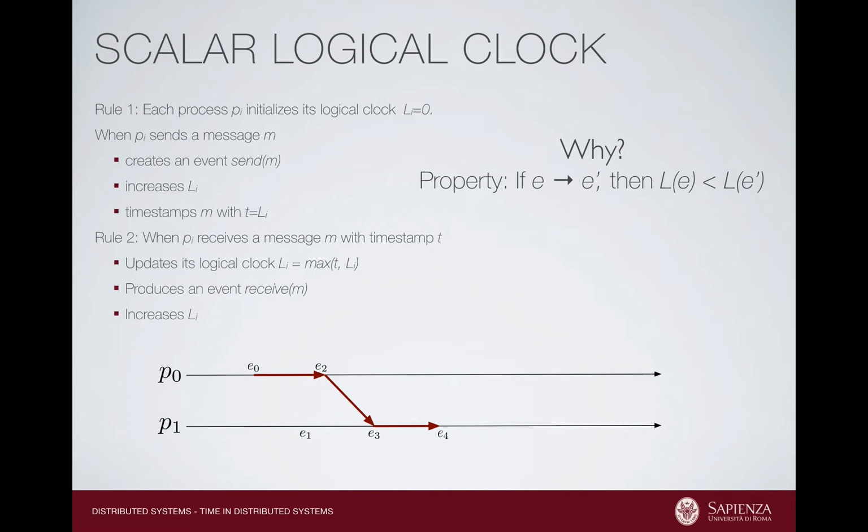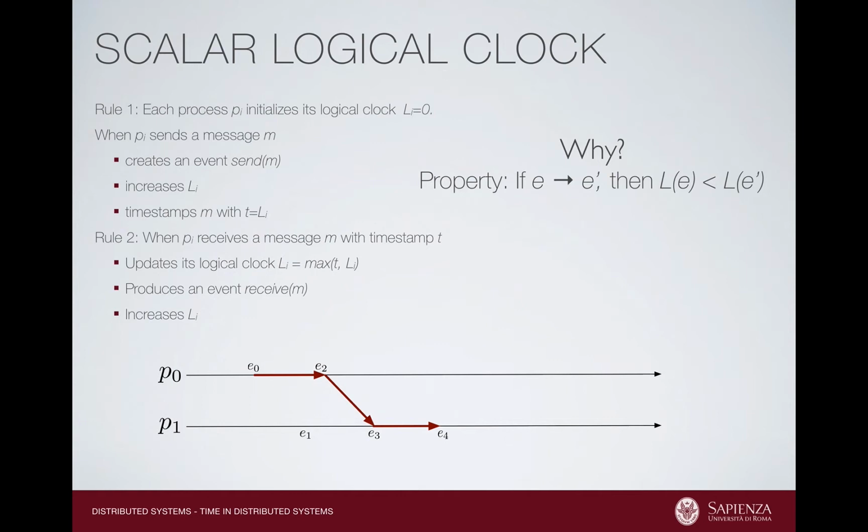And so now we have to give an argument, at least an intuitive argument, on why if we have an event E that happens before E prime, then the timestamp of E is less than the timestamp of E prime. Well, if an event E happens before E prime, then there will be a path in our system, and this path will be a combination of local rules, so two events that are seen by the same process happening in some order, as is the case between event E0 and E2.